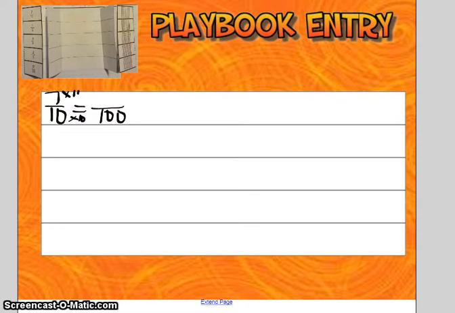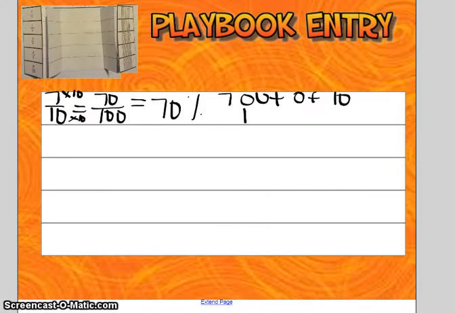Whatever I do on the bottom, I have to do on the top, which gives me 70. 70 hundredths is 70%. What this means is I'm going to shade in 70 little boxes out of that 100 chart. I also know that it should be 7 out of 10 block strips.